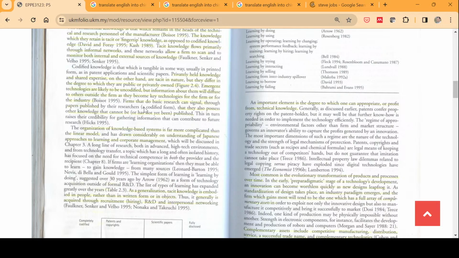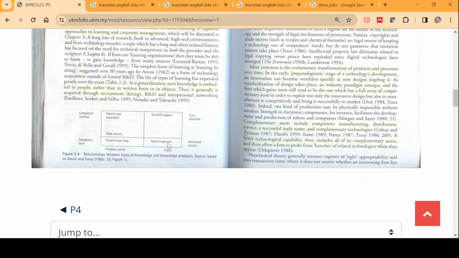On this side is tacit and restricted access. Not everyone can access. However, it has become public. It is shared to the public. So this is shared expertise. The boss may share certain knowledge with the middle manager, and will share knowledge with the workers.